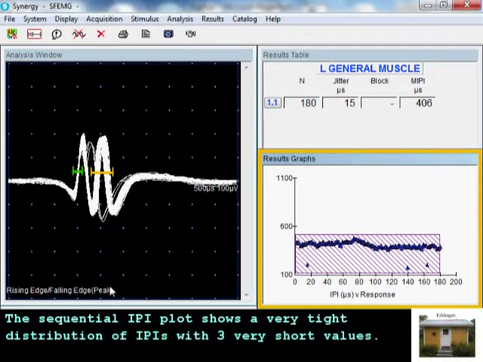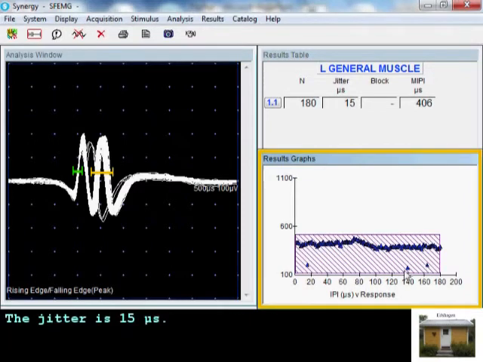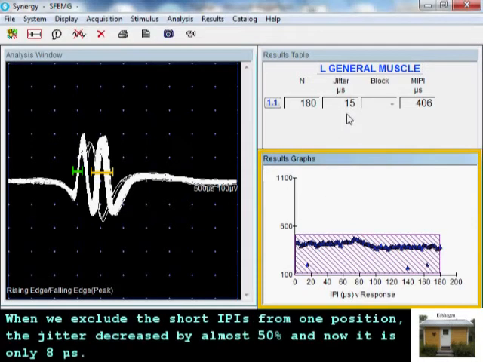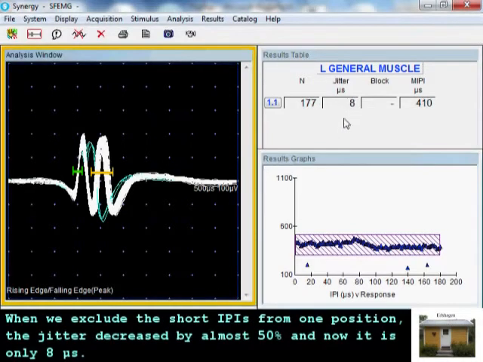The sequential IPI plot shows a very tight distribution of IPIs with 3 very short values. The jitter is 15 microseconds. When we exclude the short IPIs from one position, the jitter decreased by almost 50%, and now it is only 8 microseconds.